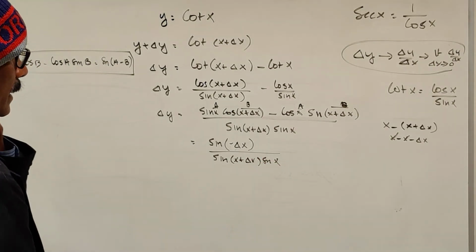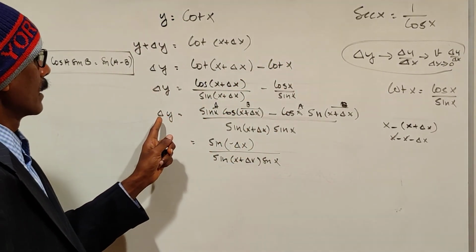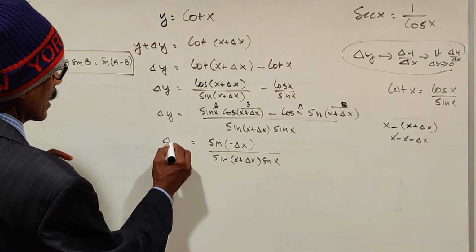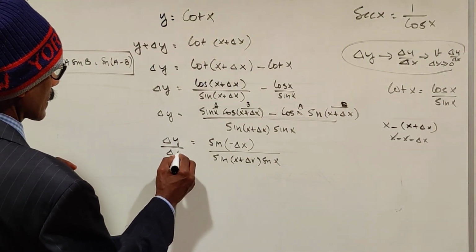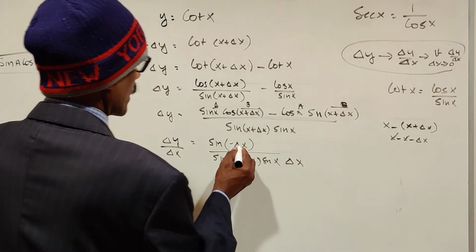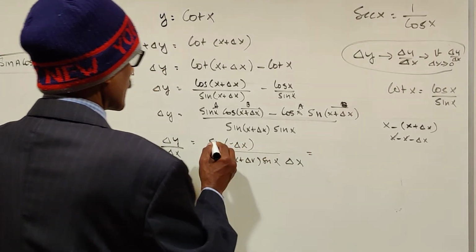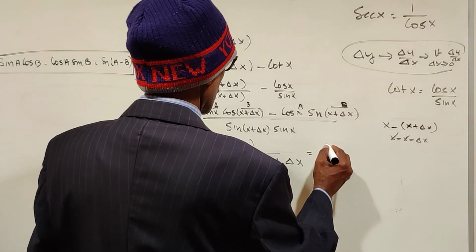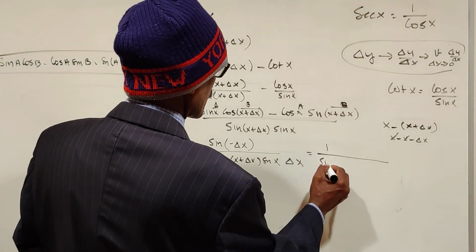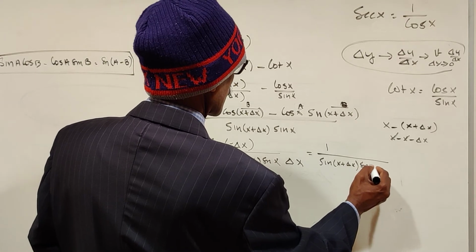So next, what is the next term? We found delta y, then delta y by delta x. I am going to divide by delta x here. What is sin of minus delta x? I am going to write this one first, sin(x plus delta x) sin x in the denominator.